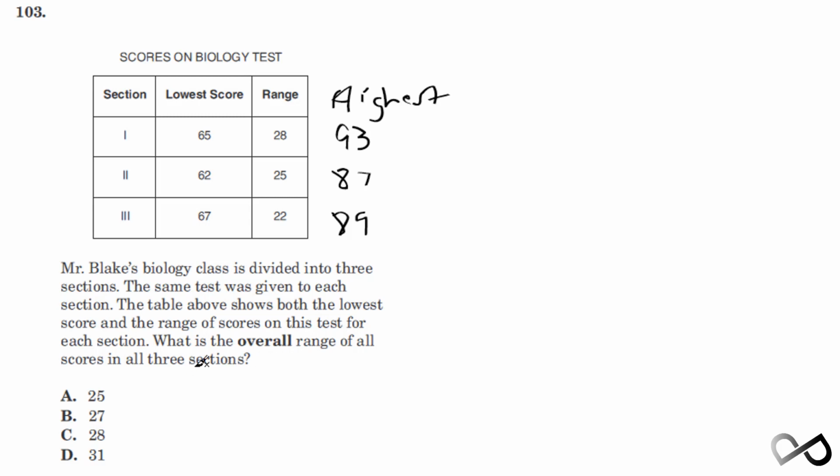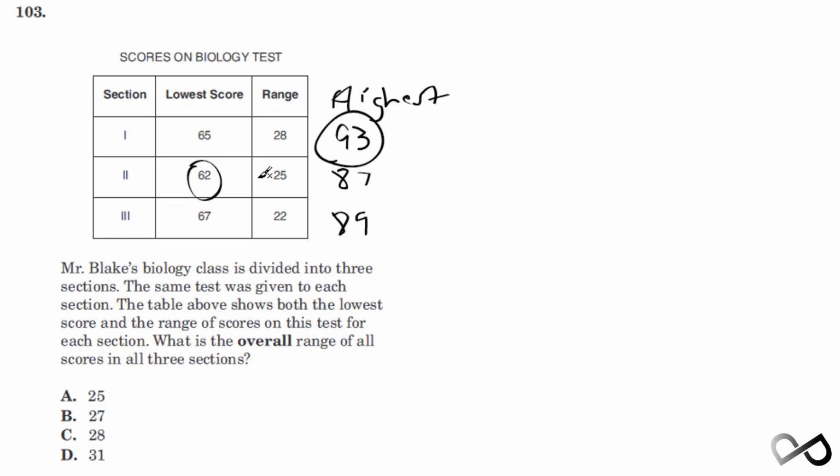The largest range possible across all 3 sections. So that means we need to find the lowest score in all 3 sections and the highest score from all 3 sections. So if you look at these 3 numbers here, the lowest number is 62. And from these 3 numbers, the highest number is 93.